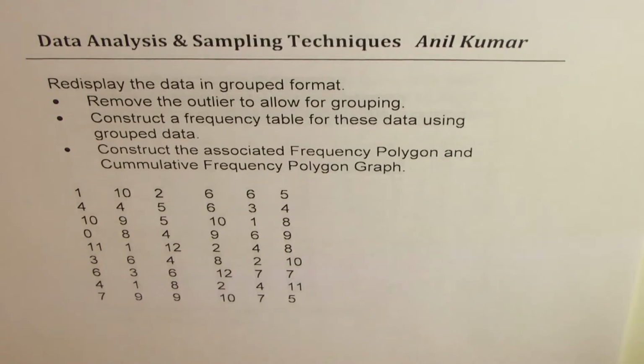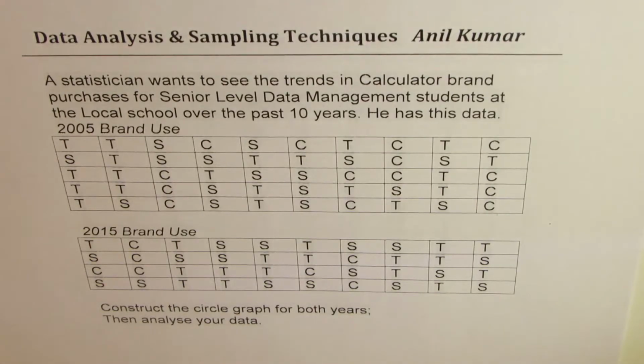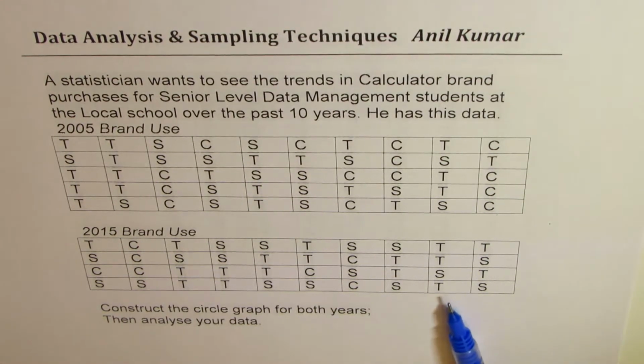So you'll get to know how to construct these types of polygons and graphs, right? Then we'll have a question based on categorical data, and we'll construct a circle graph from here.